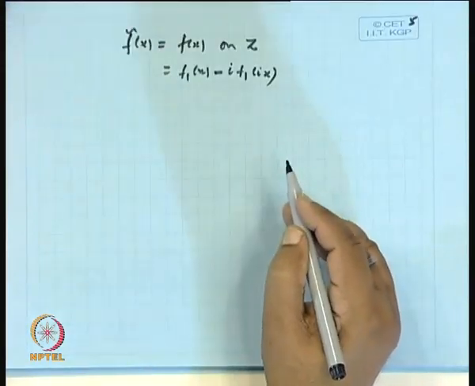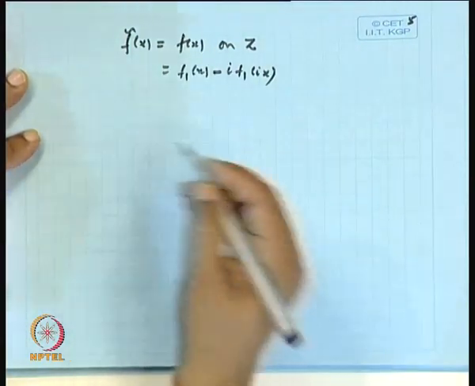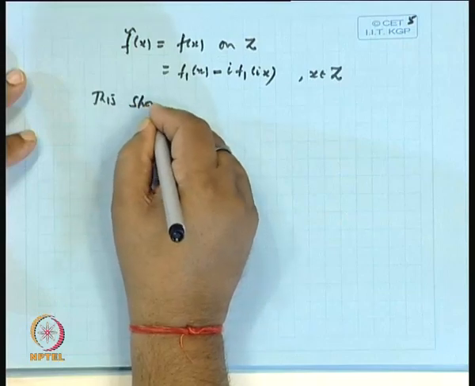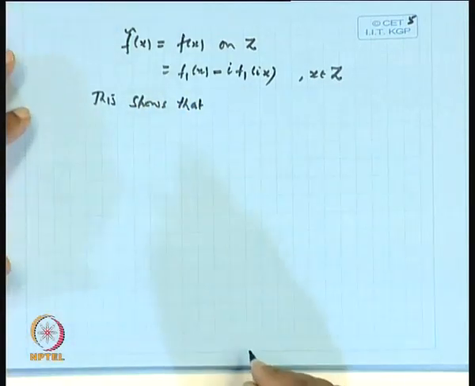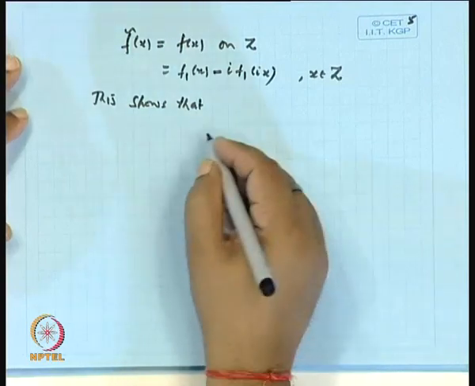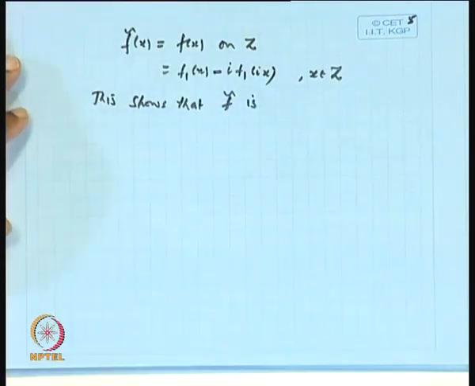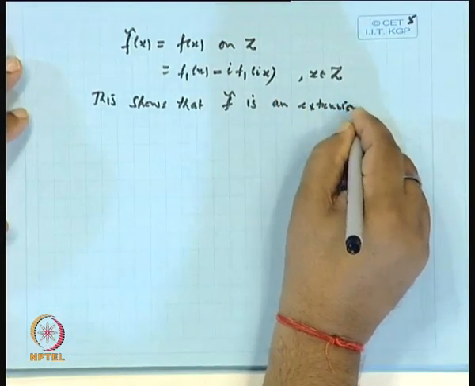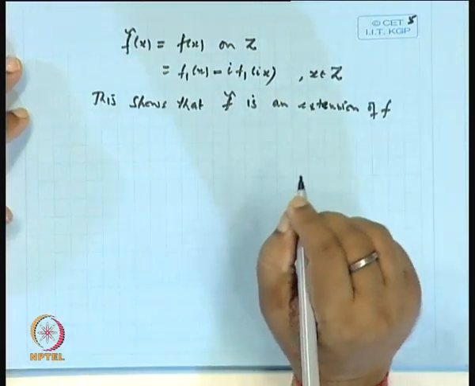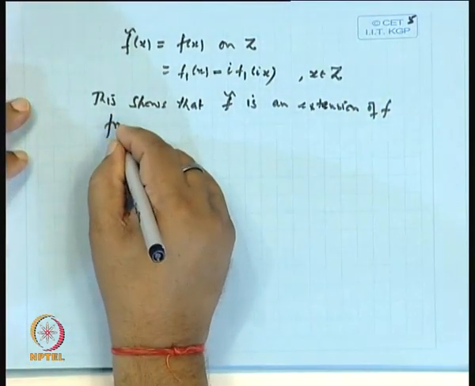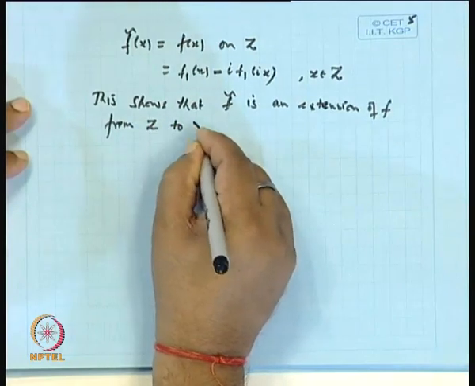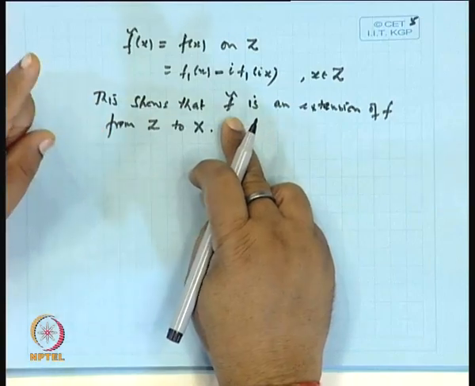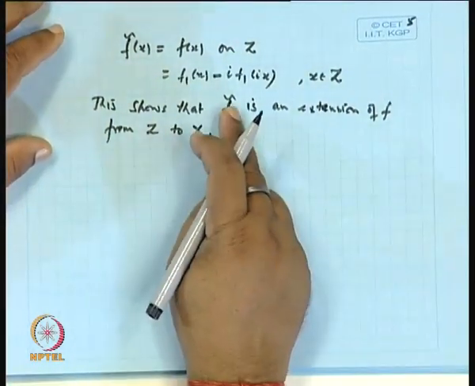So, this clearly shows that f delta is an extension of f from Z to the entire X.